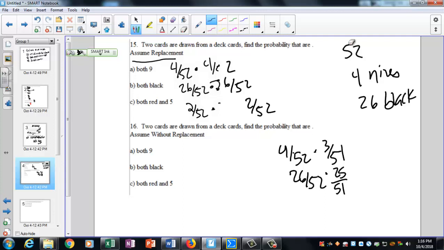What's the probability they're both red and a 5? 2 out of 52 times 1 out of 51.